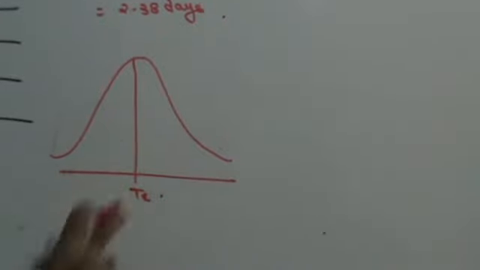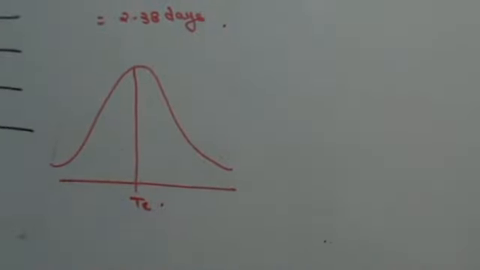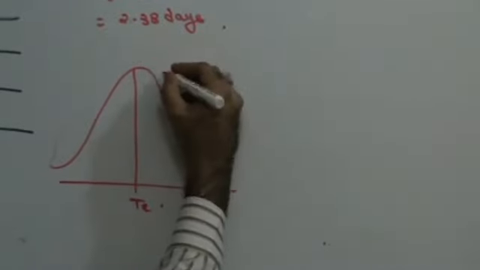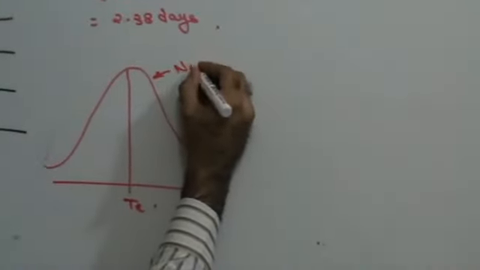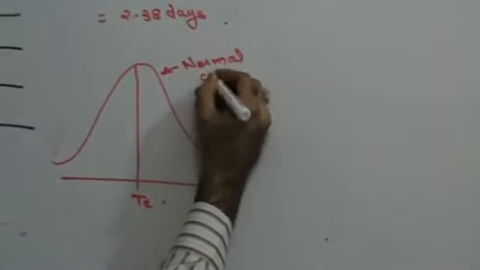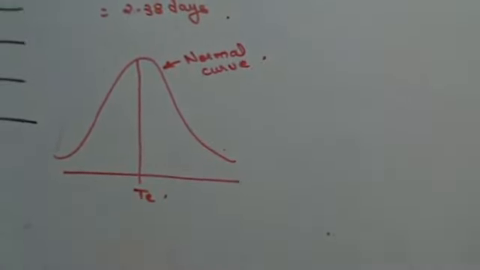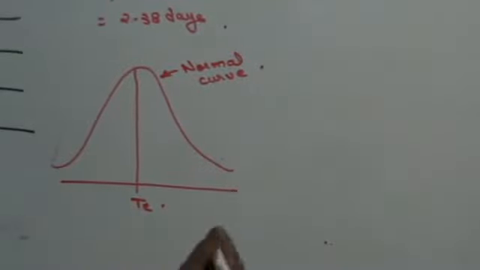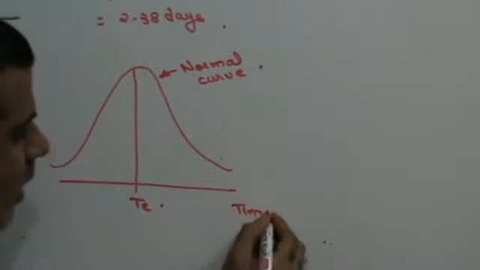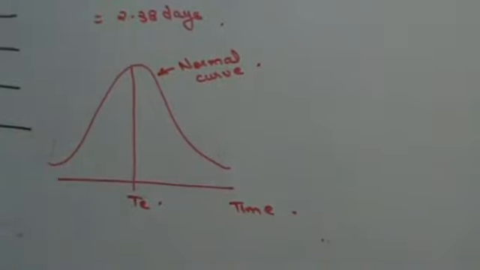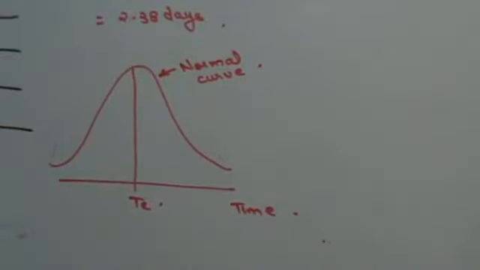This curve is also called the bell curve, or the normal curve. Here you have time on the x-axis and probability on the y-axis. It's a curve that represents time versus probability.